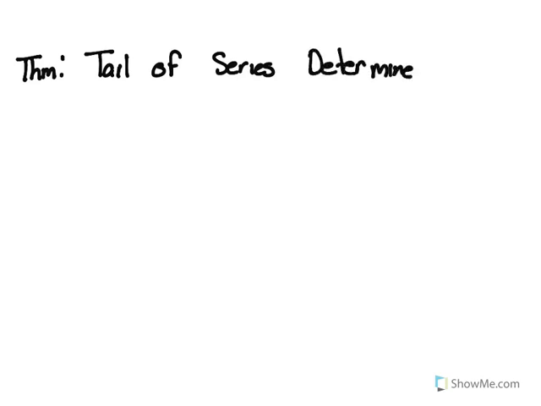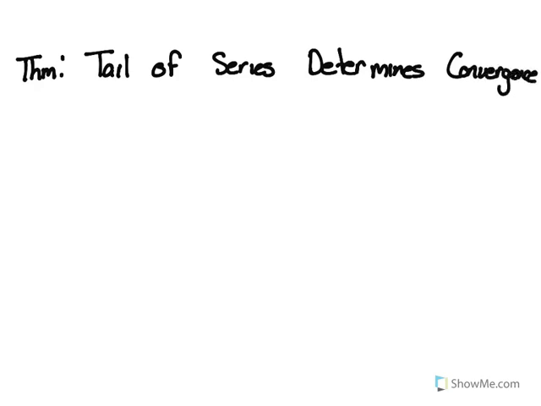And this theorem is about the tail of the series. So the tail of a series determines convergence. So what do I mean by that?